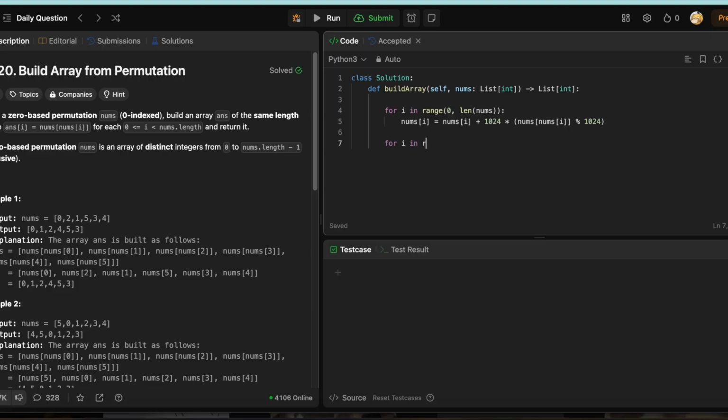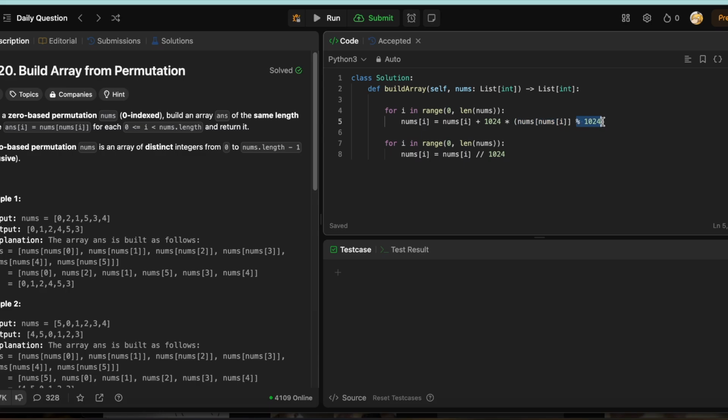And we add it because how are we going to restore the n information? Well, for i in range 0 to length of nums, nums of i is going to be equal to nums of i divided by 1024. Because, as we said previously, nums i preserves the information about the original value. And when we do this operation, we need to modulo 1024 because the value at nums i could have been modified prior to using it.